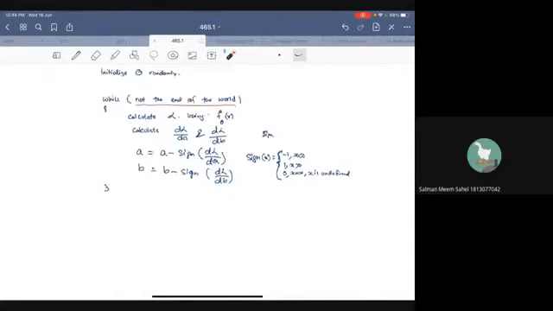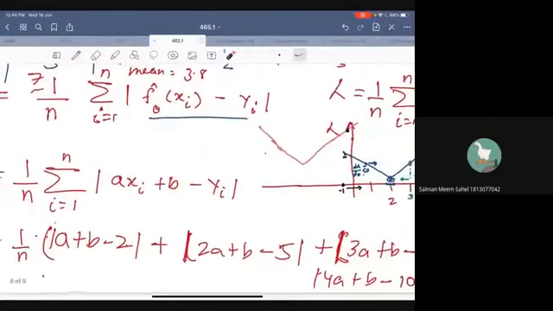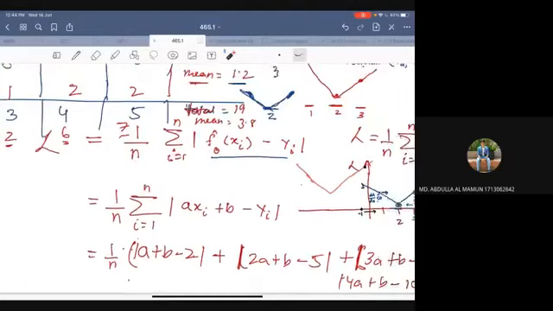If you look at this function, can't we always calculate dL by dA and dL by dB? Yes sir, partial derivatives. We can, because we know the value of A and the value of B. We just use calculus of multiple variables, right? Partial derivatives, you guys have learned this, right? So given that we know this, we can do it.